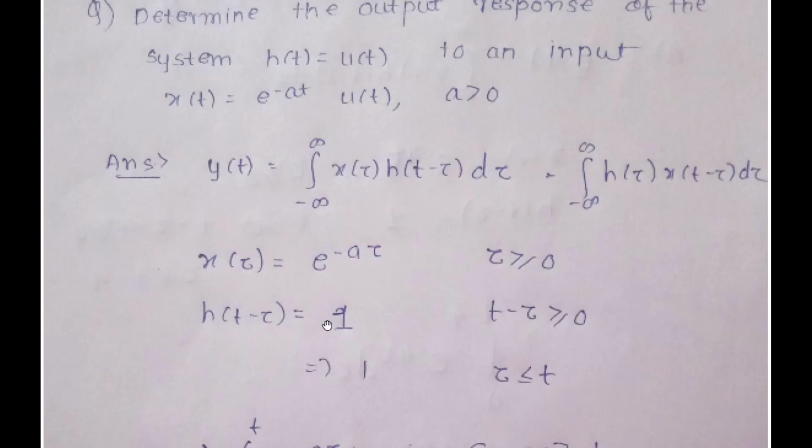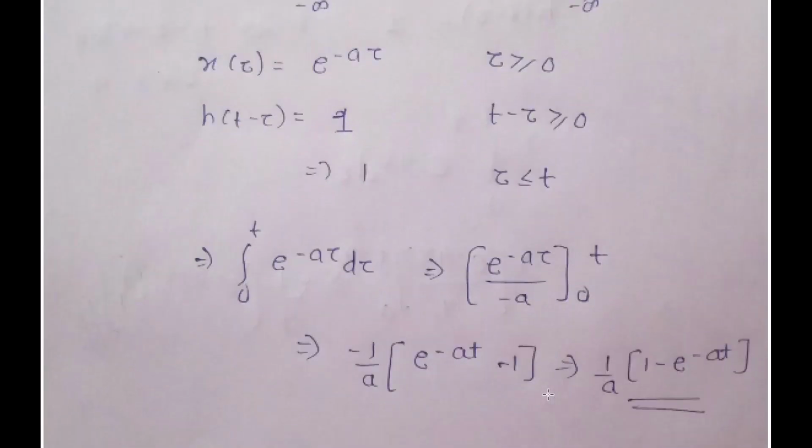But since my value is t minus tau over here, I will put t minus tau as greater than or equal to 0. So my tau will be smaller than or equal to t. Hence, substituting the value, integral 0 to t e raised to minus a tau d tau, do this integration and you will get this as the final answer.